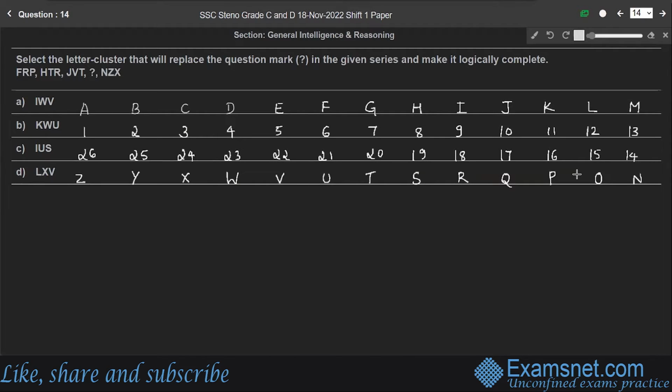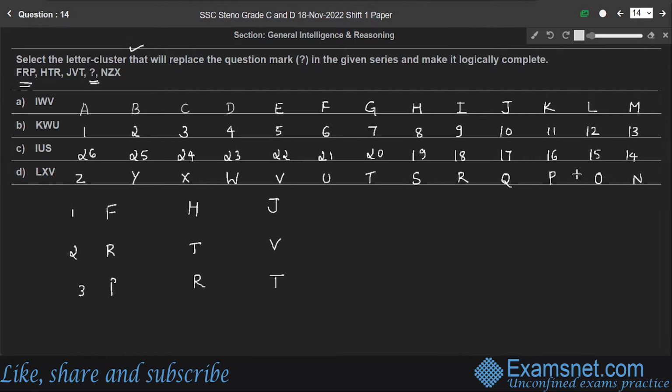Question 14. Select the letter cluster that will replace the question mark in the given series and make it logically complete. So we have to find the missing term in the given series. For that, we'll consider the first cluster FRP. These are the three letters in the first cluster, F, R, and P. In the next cluster, we have H, T, and R. In the third cluster, we have JVT.